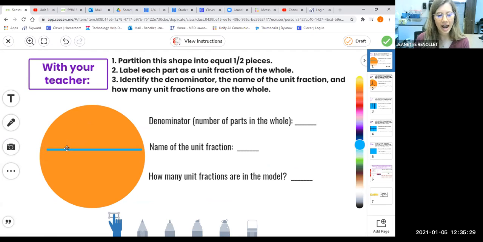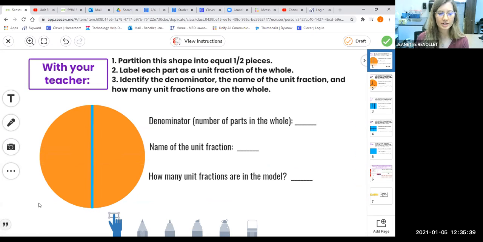And when I do 1/2, I can do it left to right like this, or I can turn it and do up and down like this. Both show 1/2. I'm going to do up and down today. You may choose if you would like to do left to right or up and down.